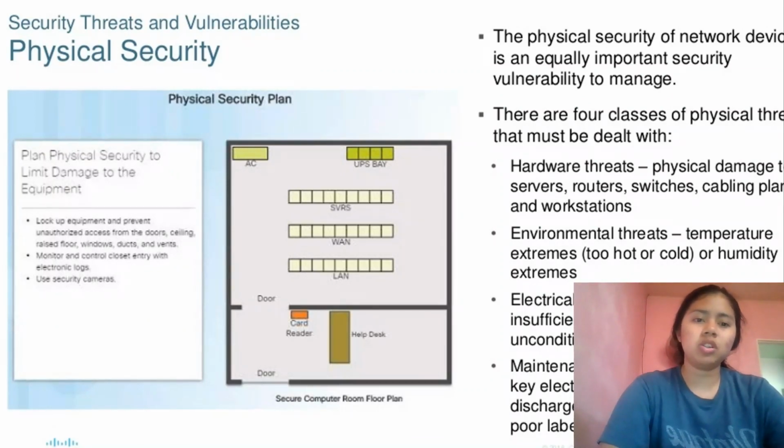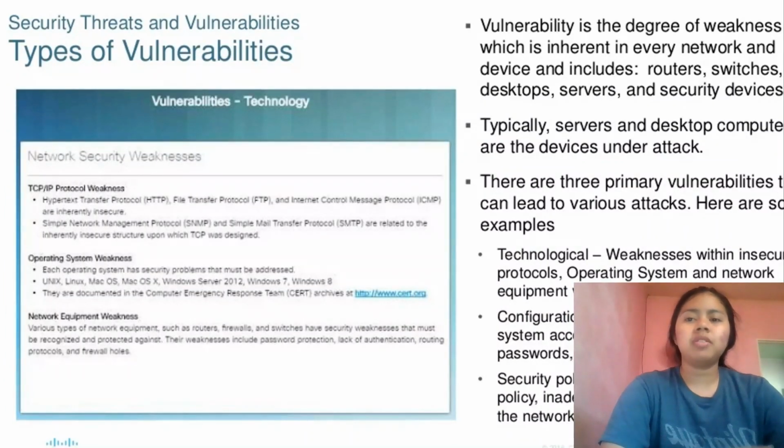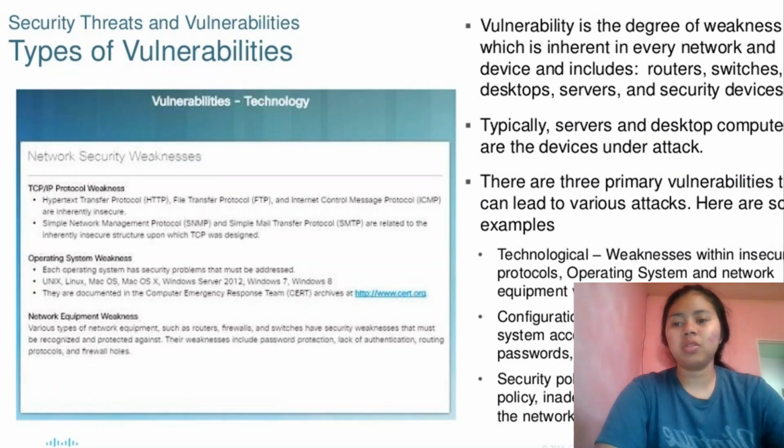Physical security has four classes that must be dealt with: hardware threats, environmental threats, electrical threats, and maintenance threats. Types of vulnerabilities: TCP/IP protocol weakness, operating system weakness, and network equipment weakness.